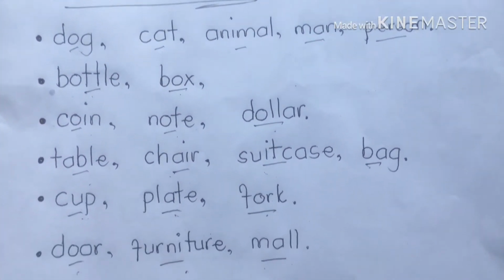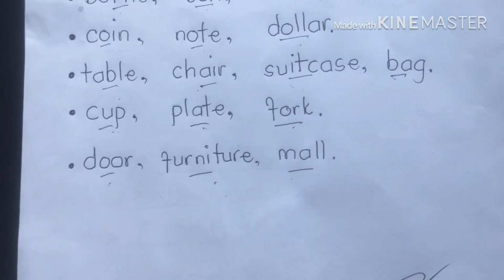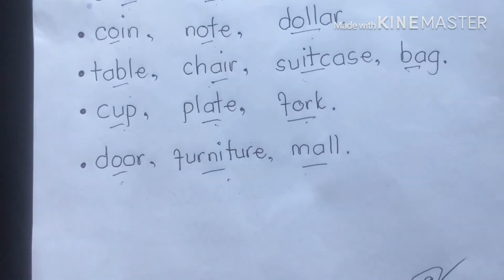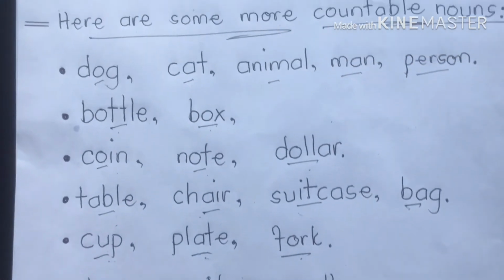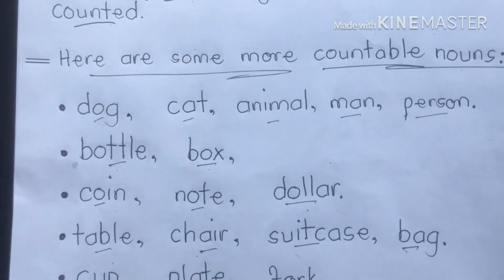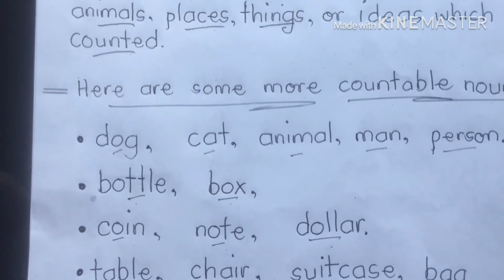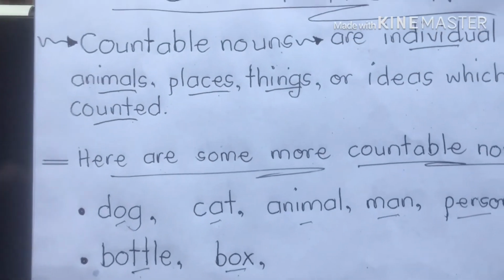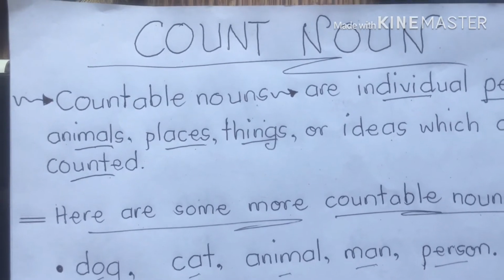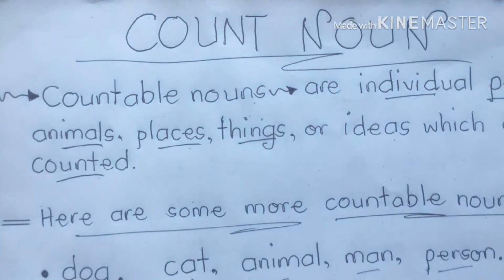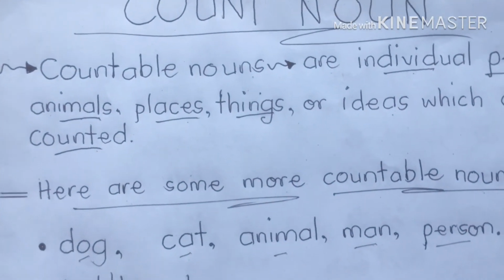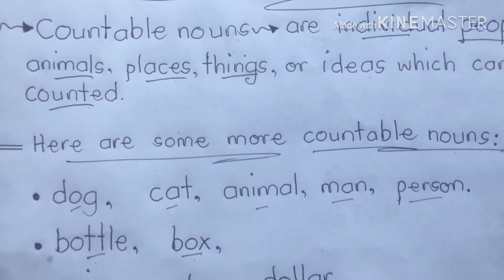What about vinegar, soy sauce, the oil that we use every day? Those things belong to uncountable nouns. We can still count them by using counters.